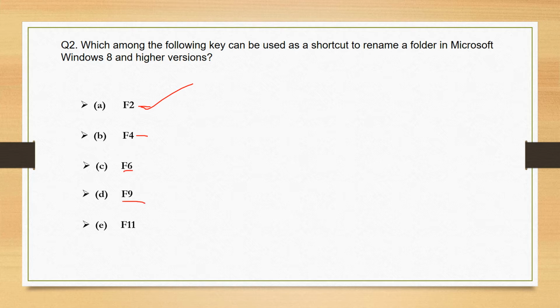And what about F9? F9 does not basically have any use in Windows. However, we use it with some shortcuts like Control Alt in Microsoft Word. And the last option is F11. F11 is an option which we can use to go to full screen mode if you are using Internet Explorer. So out of these five options, F2 is the correct answer and it is only used for renaming the folder. Let's move forward and discuss the next question.